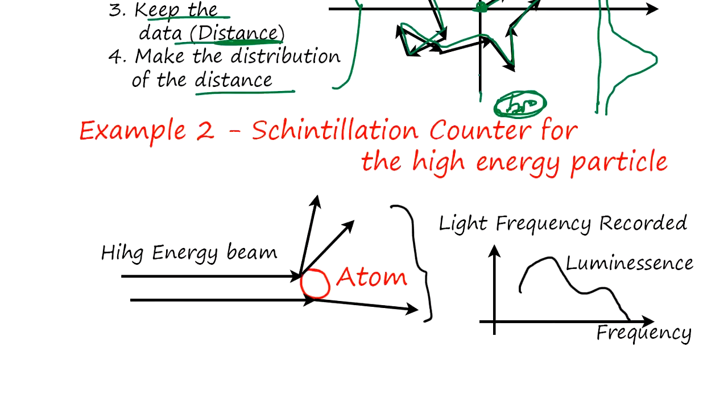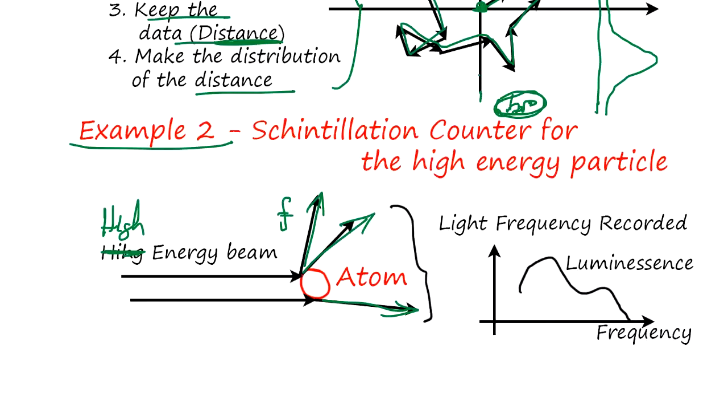The second example here is a very scientific one. Scintillation counters for the high energy particle. When high energy beam comes in and hits the atom, it scatters, and depending on this scattering angle, it generates different frequency light.